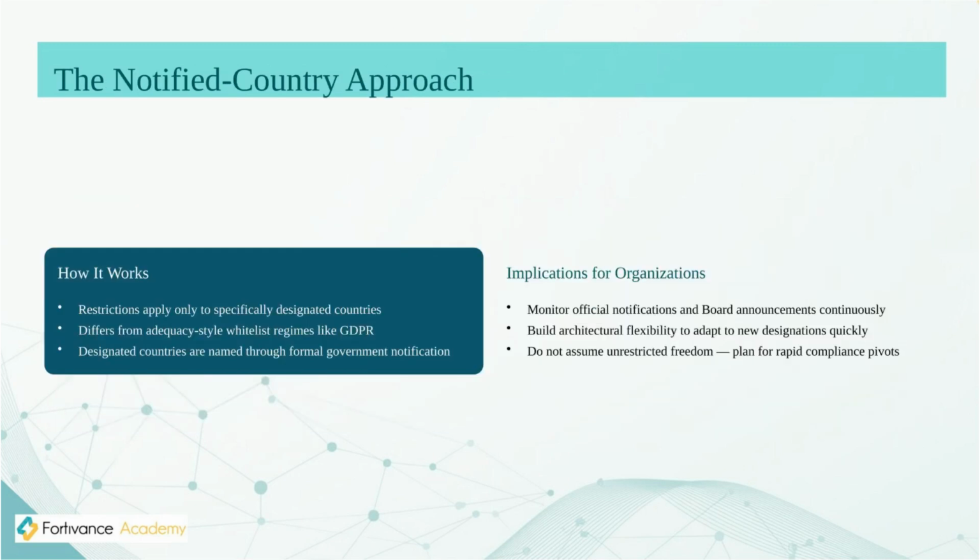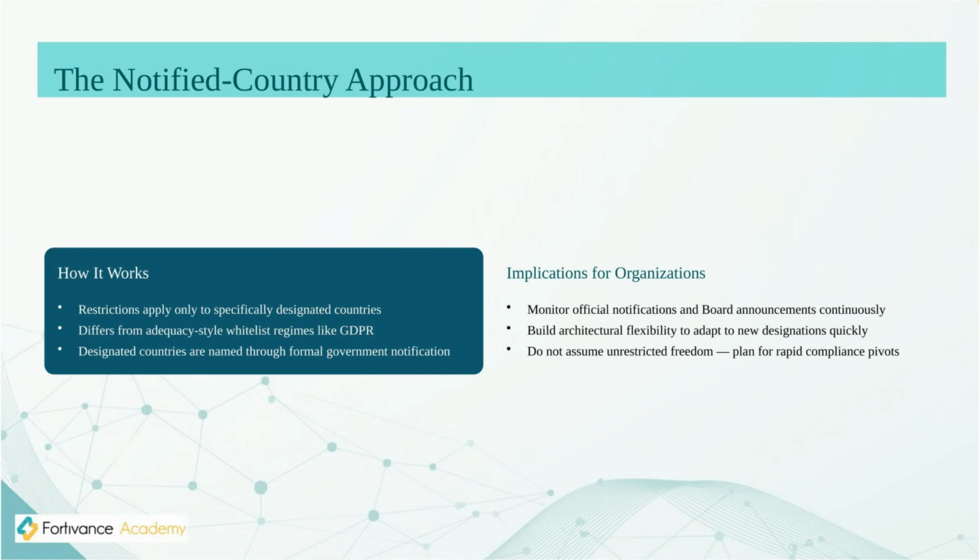Let's dig deeper into what we're calling the notified country approach, because understanding this mechanism is central to navigating cross-border transfers. Here's the core idea. The framework contemplates that the government will notify, meaning officially designate, countries or territories with particular status regarding data transfers. The government's notifications are what give the transfer rules their concrete shape.